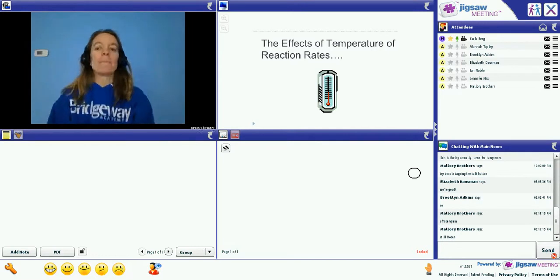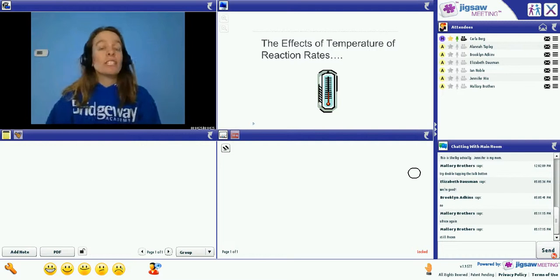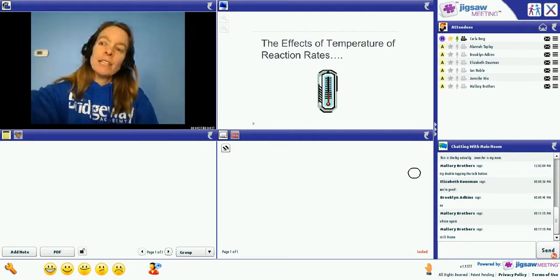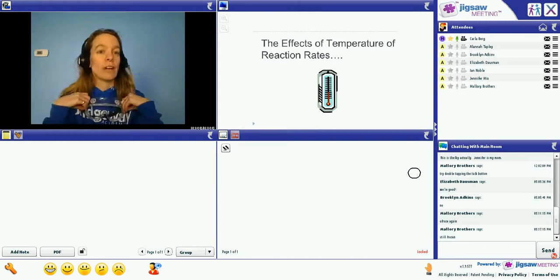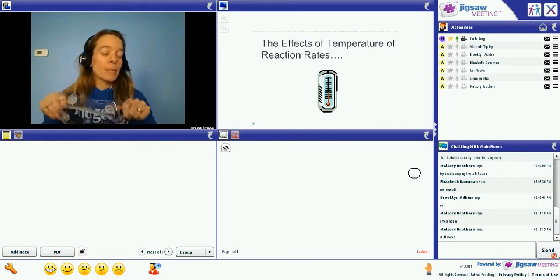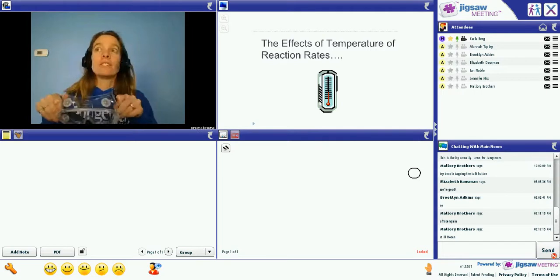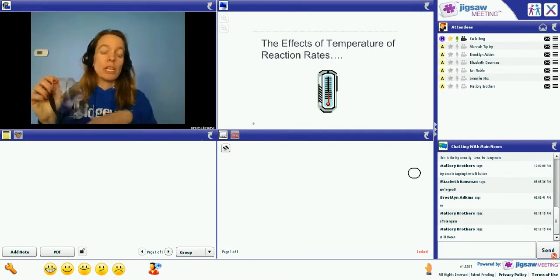One thing to remember in this class is that I am going to do all of the activities live for you. You are more than welcome, and it would make it a better class, if you do them along with me. For safety reasons, I am always going to wear a pair of safety goggles during lab. If you have a pair, it's a great idea to wear them. You never know what could splash up into your eyes. For today's activity, if you don't have a pair, I wouldn't worry about it too much.